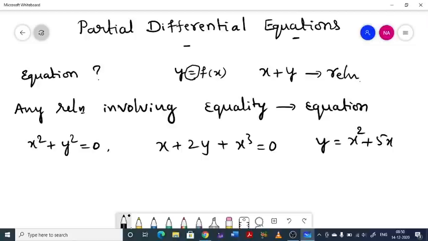So these three are equations. So precisely you can say that an equation is a relation that involves a dependent variable, an independent variable, and an equality sign. That is the precise definition of an equation. Or in an easy way you can say that any relation involving equality is called an equation. Now these are all examples of equations.